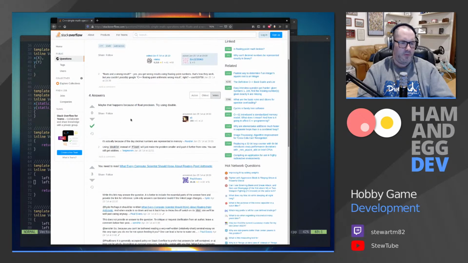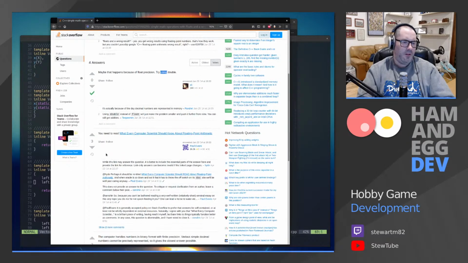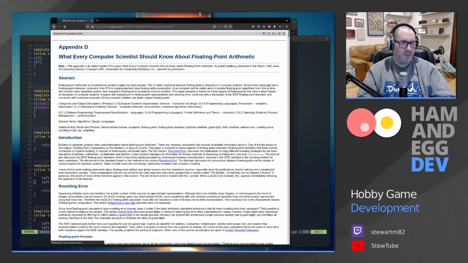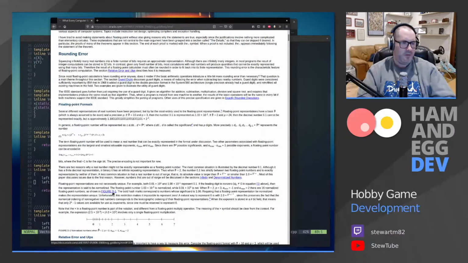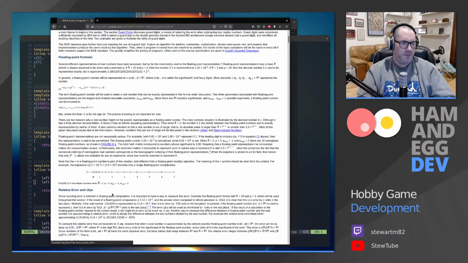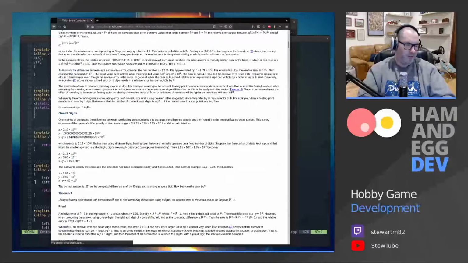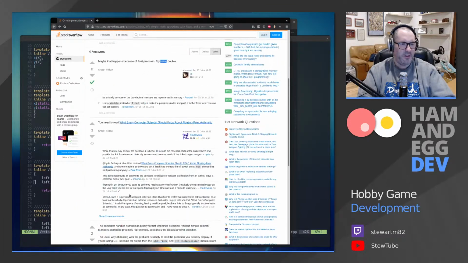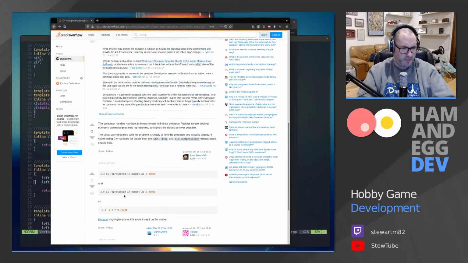Well, that's because of... Yeah, well... Okay, so yeah, so this is going to go into the whole thing about floating point numbers. What I kind of really need to know is if that is actually what's happening here.